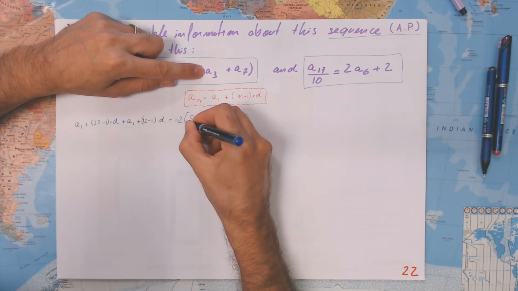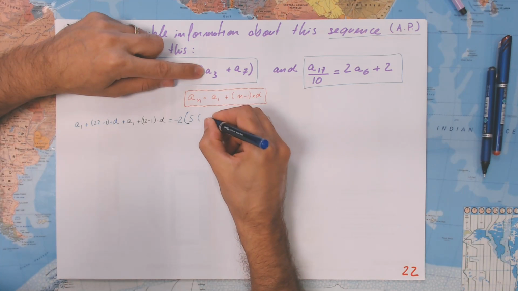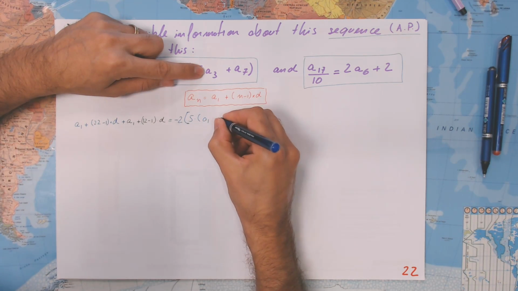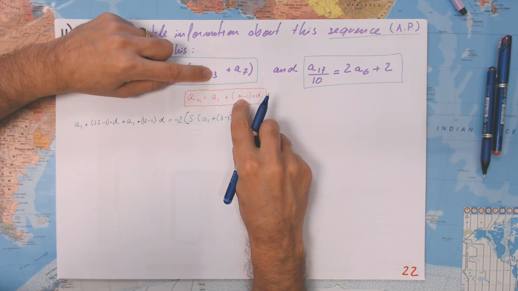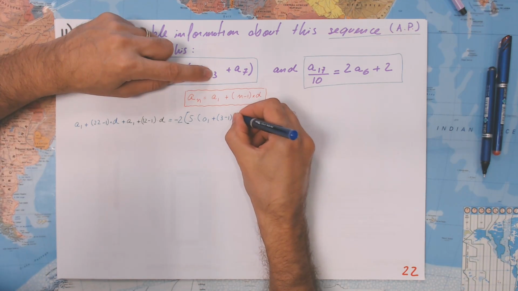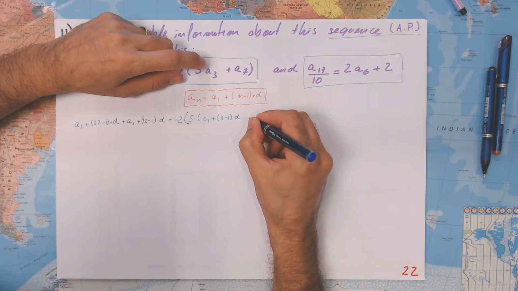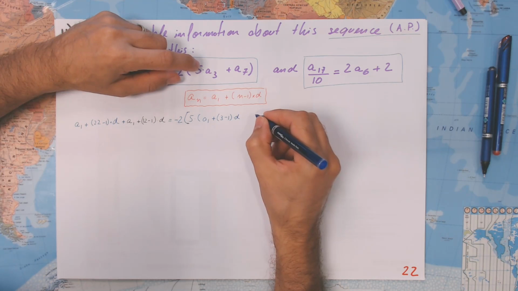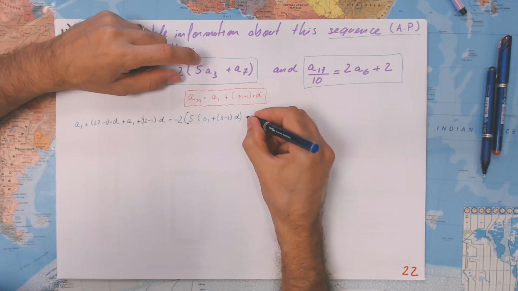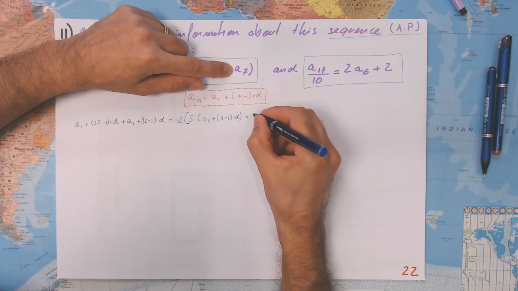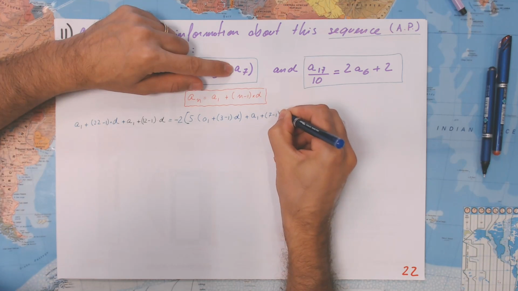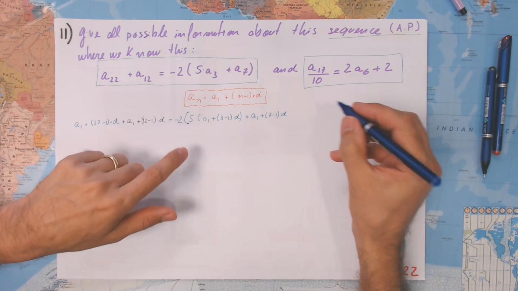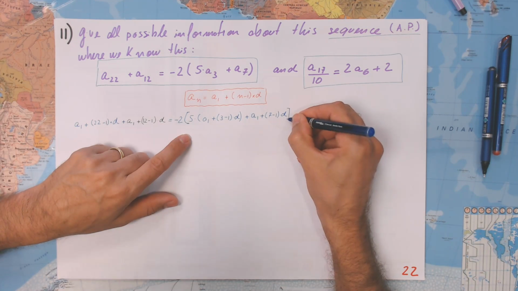A3 is going to be A1 plus 3 minus 1 times D, because the index now is 3, right? Plus A7. What is A7? A1 plus 7 minus 1 times D.